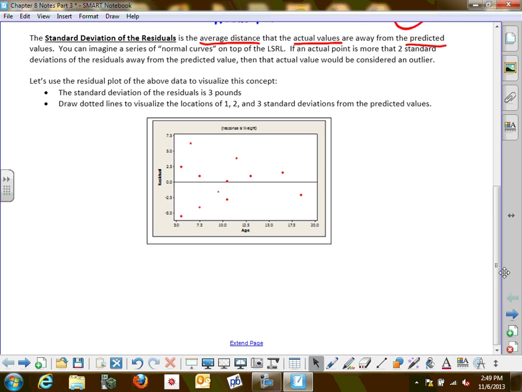So on this picture here, I'm going to draw this line. This is the same data. It's the residual plot of the data up above. It's still the age of the Aledo ISD, and then we're talking about the residuals of their weights. So this line I just drew, what does that represent?